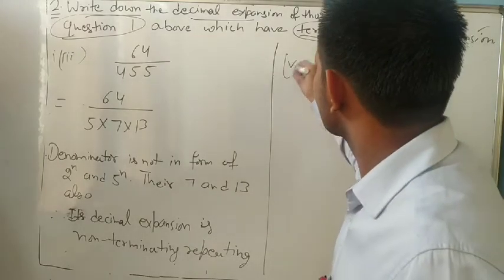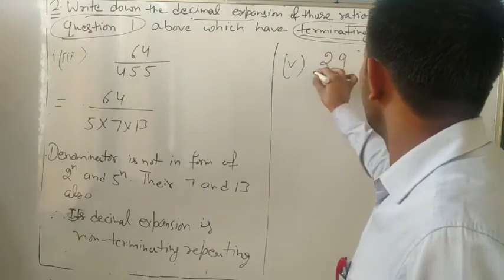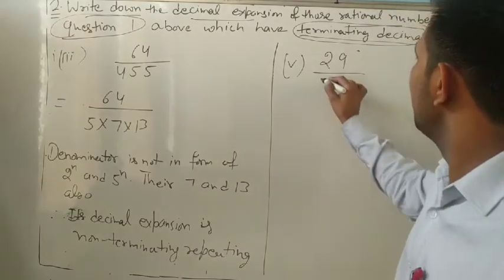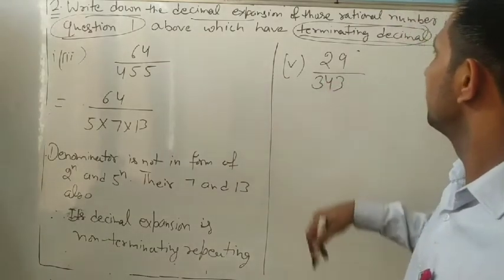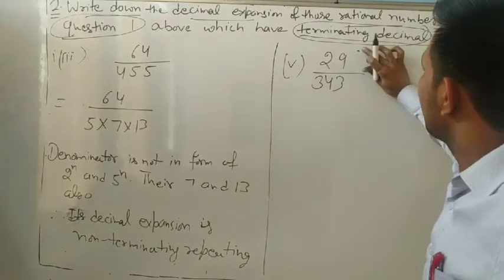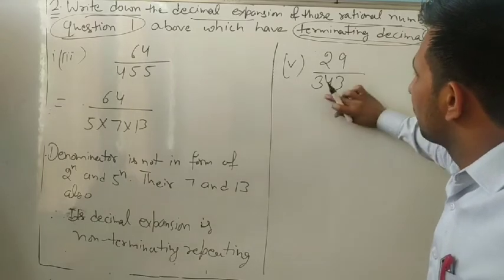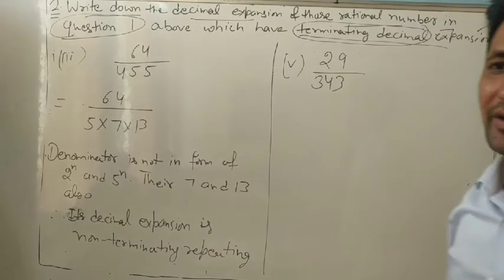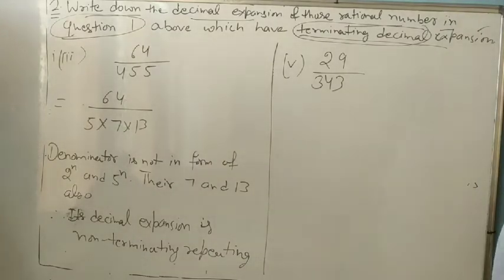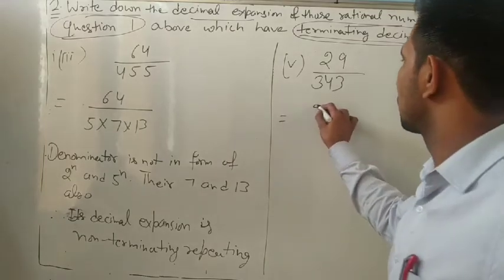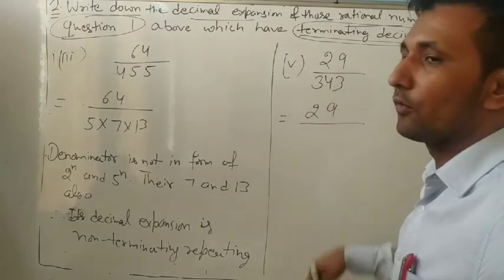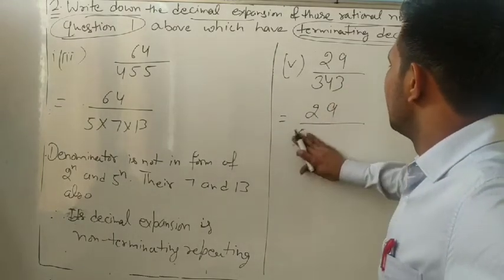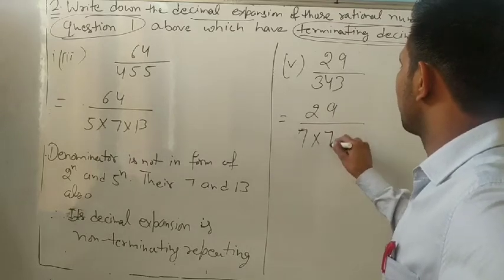One more, dear. Fifth part. 29 divided by 343. Yes. 29 is already a prime number. 343 is divisible by 7. Tables are very important. If you don't know them, then you can never solve the question easily. So 343 we can write as 7 into 7 into 7.